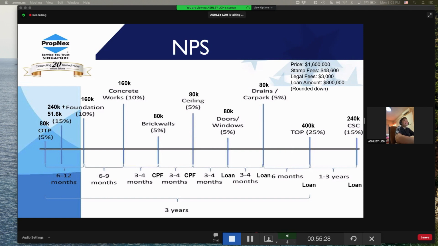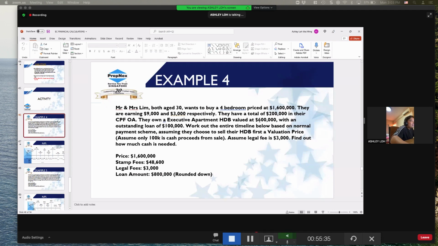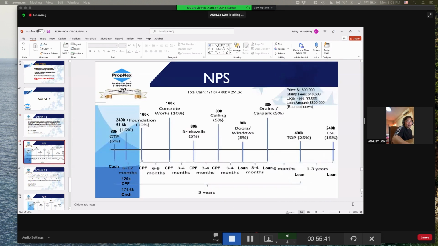Then also my, I forgot how much my HDB price is. Hold on. 600K, with 100K outstanding. Sorry, let me go back.